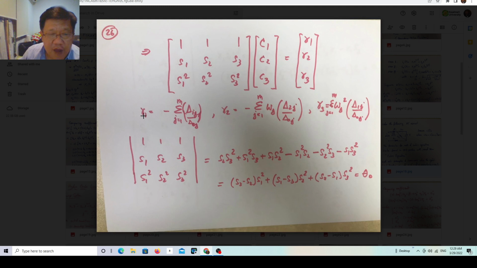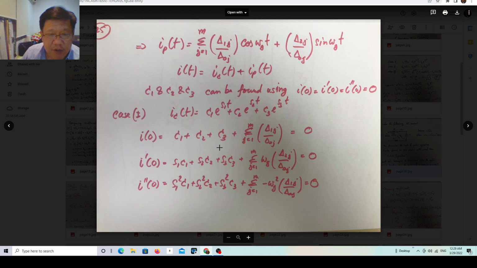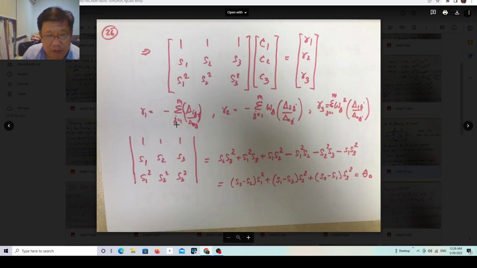Suppose I say r sub 1 is this term, r sub 2 is minus, r sub 3 is a plus. This comes when you move this term to the right hand side. It is like minus r sub 1, minus r sub 2, and then minus r sub 3 when you move it to the right hand side, so this one becomes a minus sign. When moved to the other side, this one already has a minus sign, and it becomes the positive sign. That's the result of r sub 1, r sub 2, r sub 3.